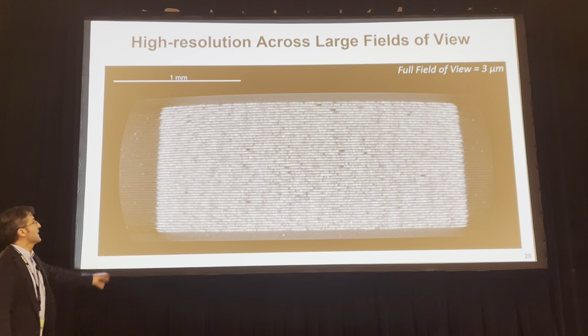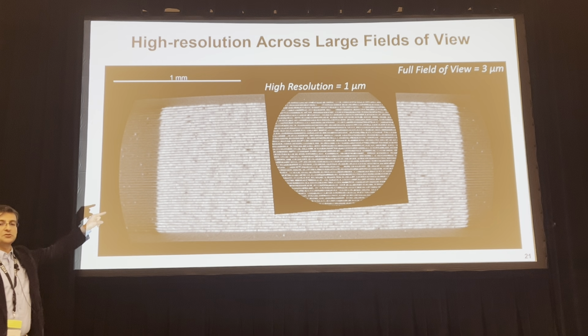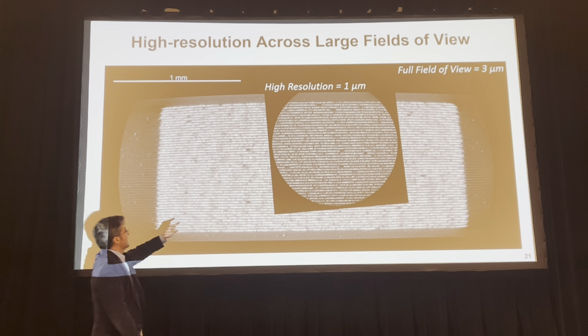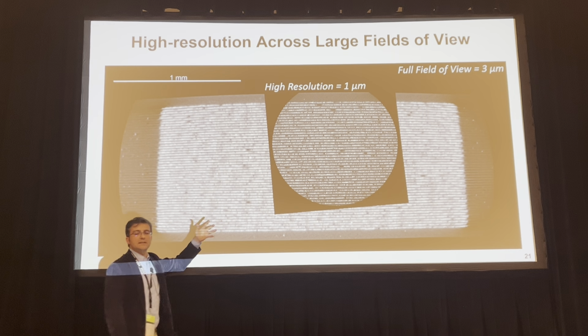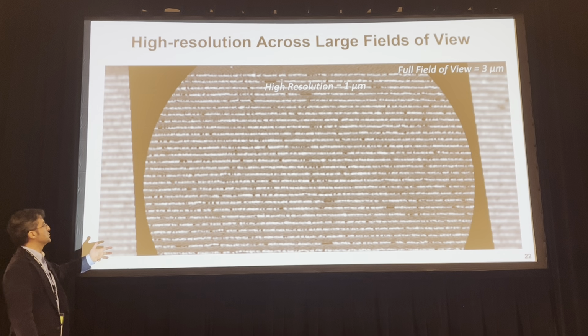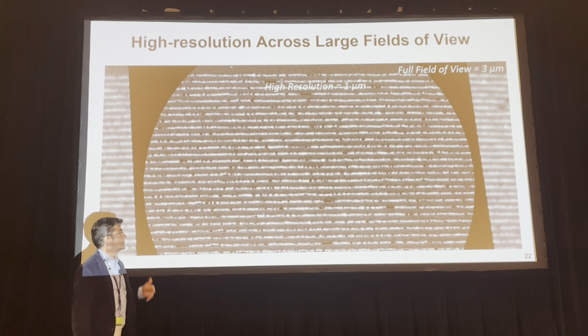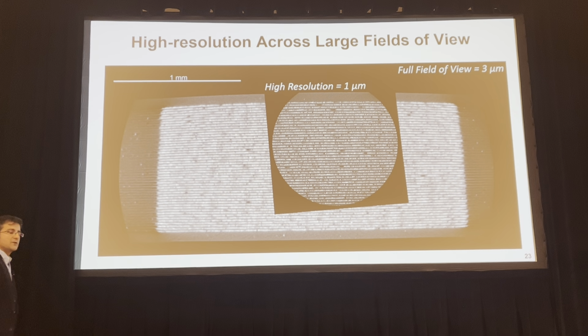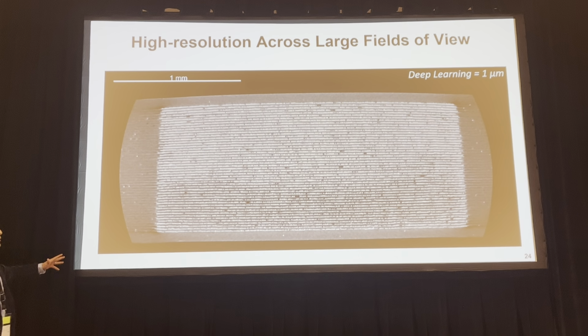And you can see that when you have that high resolution data, you can see the features more clearly. If you're looking for any type of defects, you can see more defects and their morphology. Now if you combine the two, using the low resolution data and the deep learning training with the high resolution data, and apply it to the full field of view, then you will get a set of data like this.